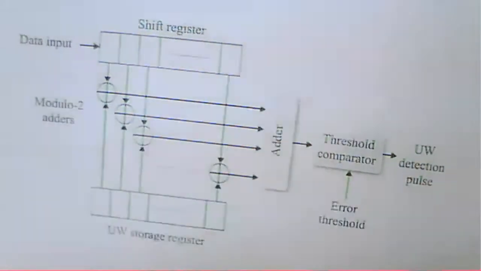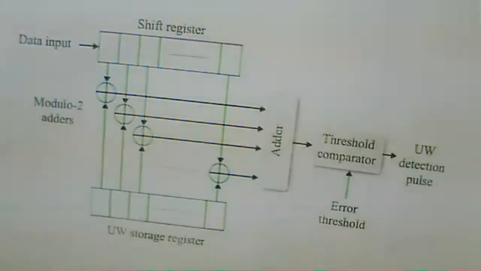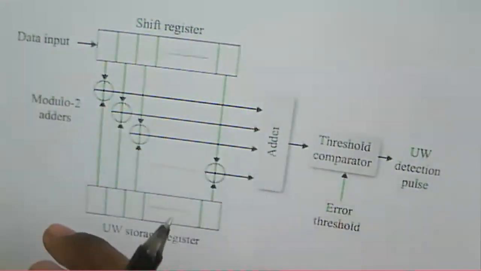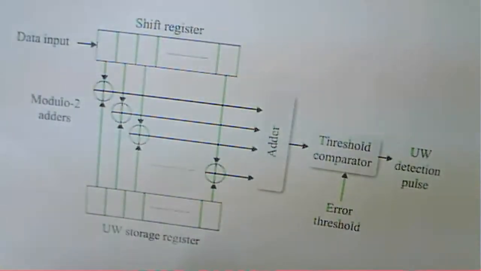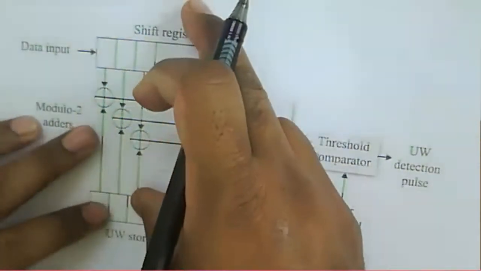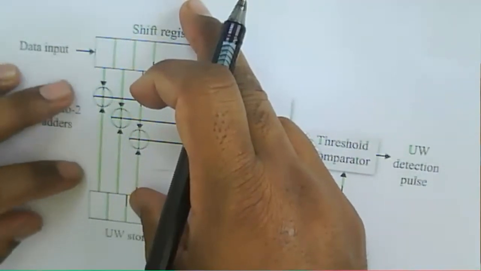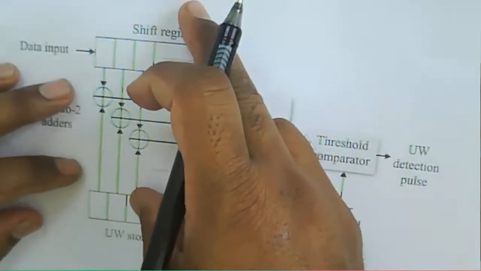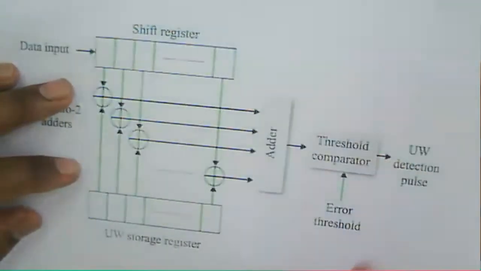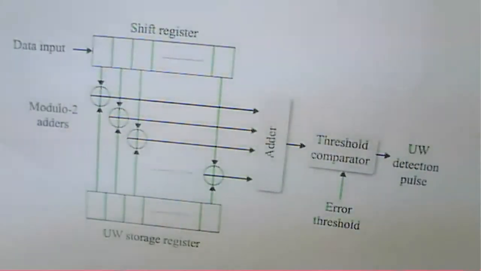So that is used for the detection of the RUW and LUW patterns in whatever the data. So this unique word detector will generate a pulse. That pulse is called a unique word detection pulse.